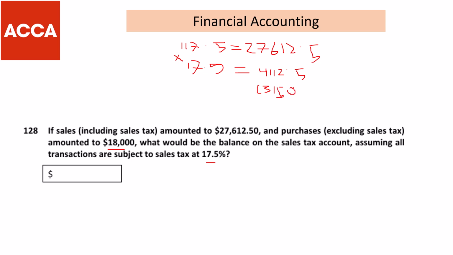So what is the balance that we have to pay to the tax authorities? It comes to 962.5. There you go, and that goes in the answer section here.